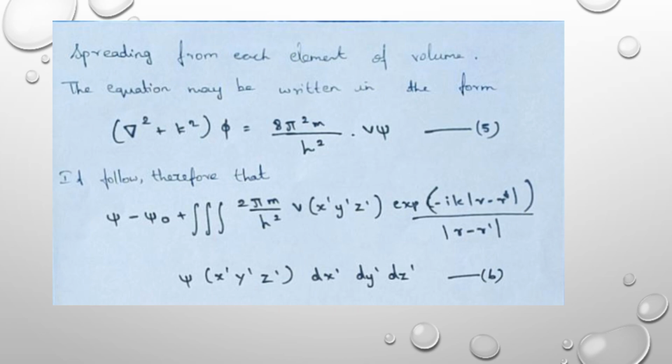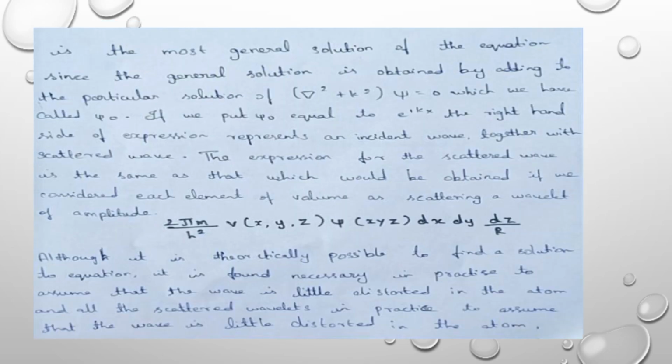It follows therefore that psi is equal to psi naught plus triple integration 2 pi m by h square V of x dash y dash z dash psi, e power minus i k modulus r minus r dash by modulus r minus r dash, dx dash dy dash dz dash, is the sixth equation.